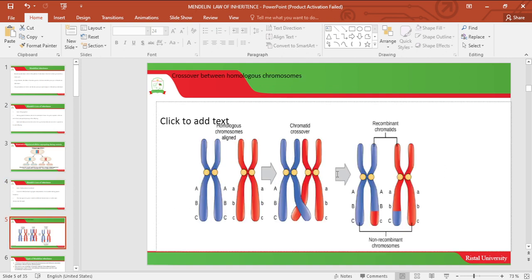The diagram below is trying to depict homologous chromosomes, and these homologous chromosomes are crossing over, or they have crossed over. So when they cross over, it means that there is going to be a recombination of the chromatids, a recombination of the chromosomes. When these chromosomes recombine, it will bring about the production of different traits in an individual.